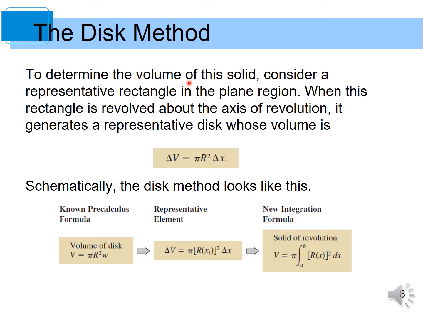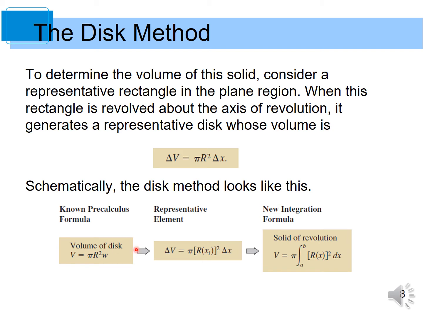To determine the volume of this solid, consider a representative rectangle in the plane region. When this rectangle is revolved about the axis of revolution, it generates a representative disk whose volume is delta V equal to pi r squared times delta x. Schematically, the disk method looks like this.